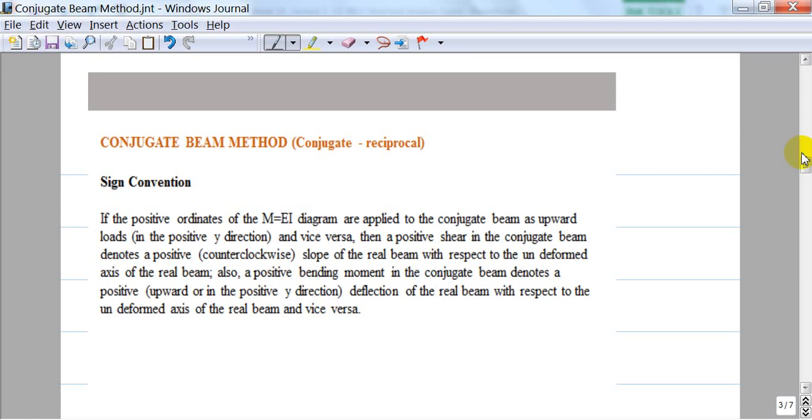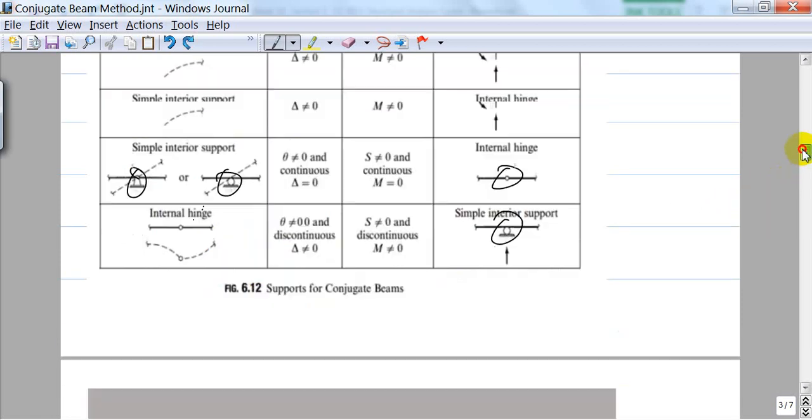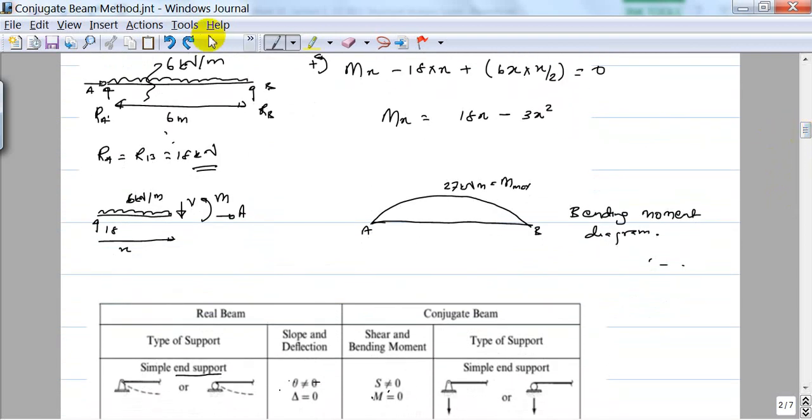So for example, if I take my previous example that I worked out, let me copy this.